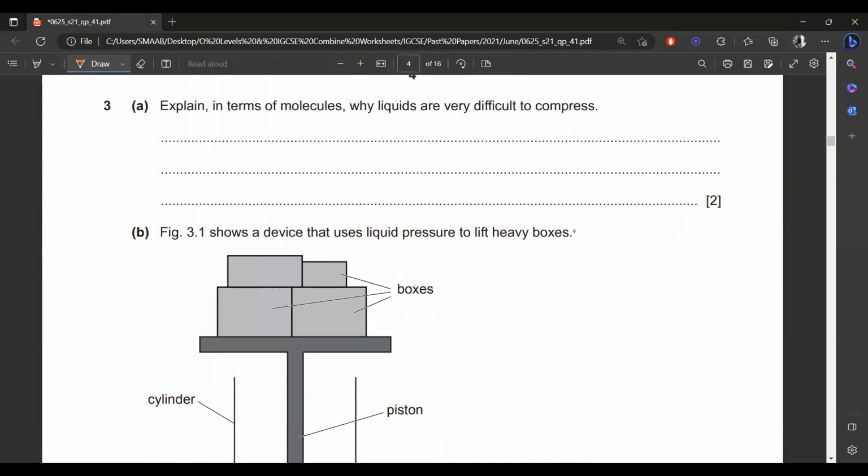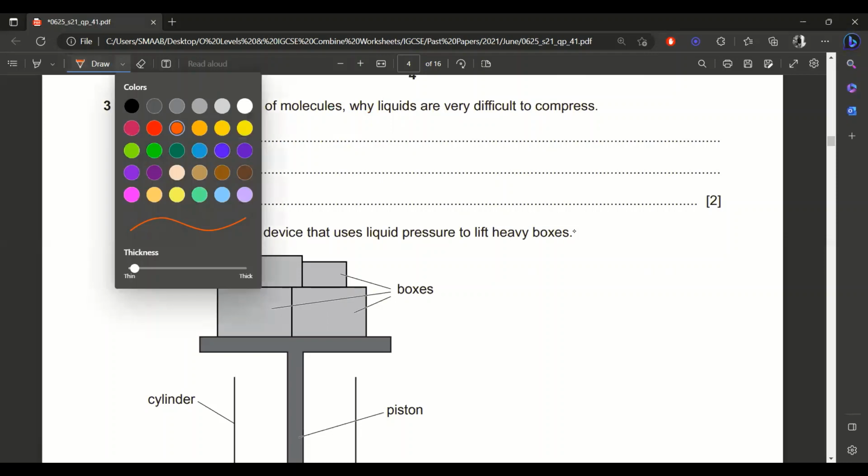Okay, question number 3, part A. Explain in terms of molecules why liquids are very difficult to compress. The liquid molecules are closer together than gas. Yes.